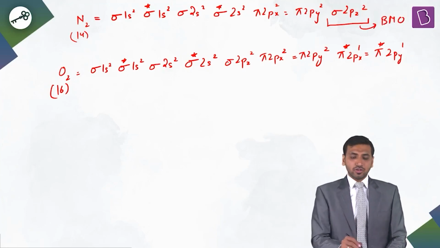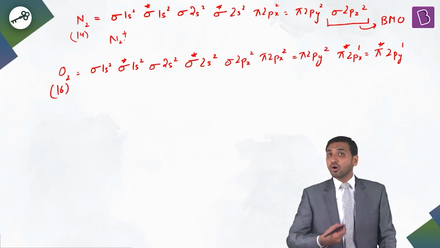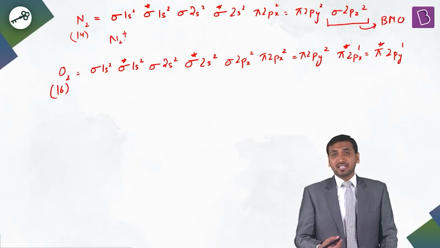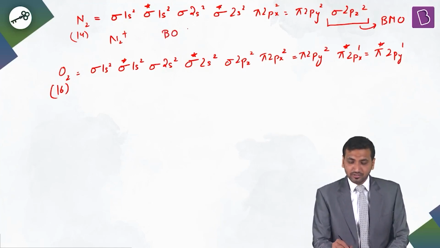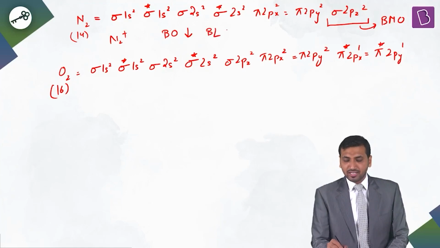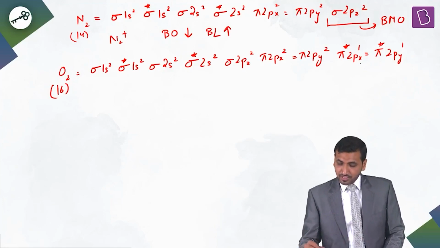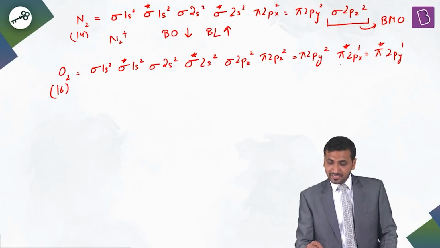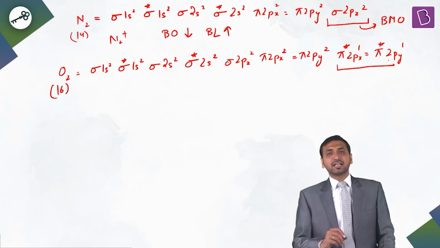Now when you are going to form N2 plus, you are going to remove an electron from bonding molecular orbital, and if you remove an electron from bonding molecular orbital, obviously the bond order will decrease and bond length will increase. If you observe O2, you have highest energy molecular orbital as pi star 2px and pi star 2py.